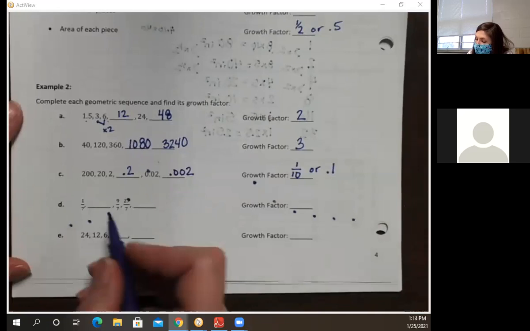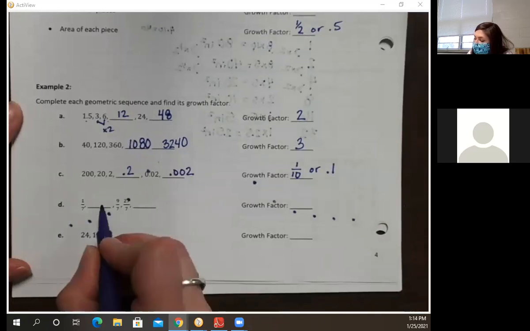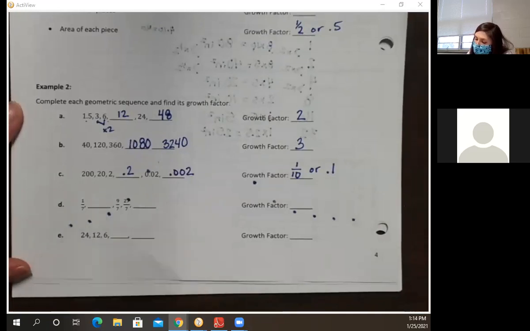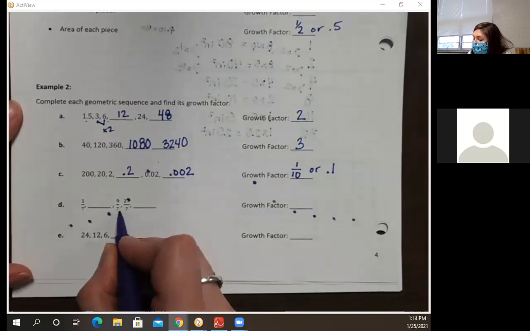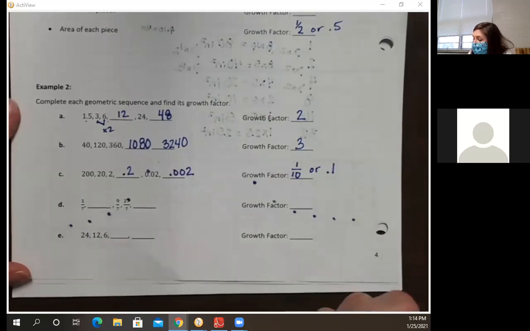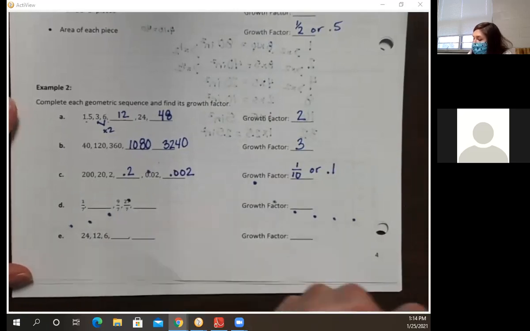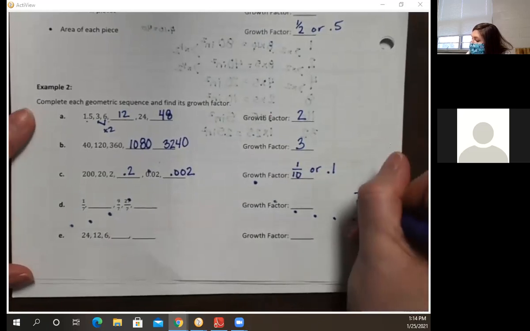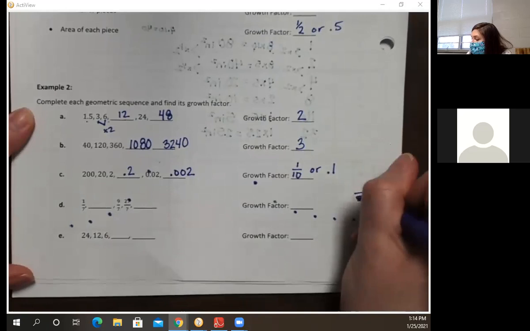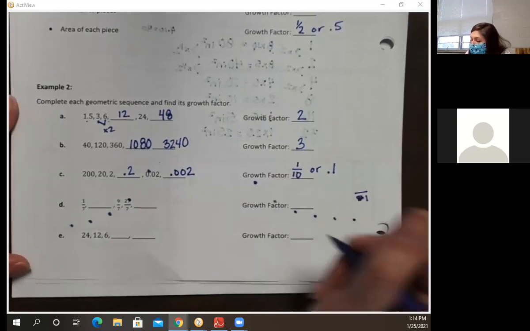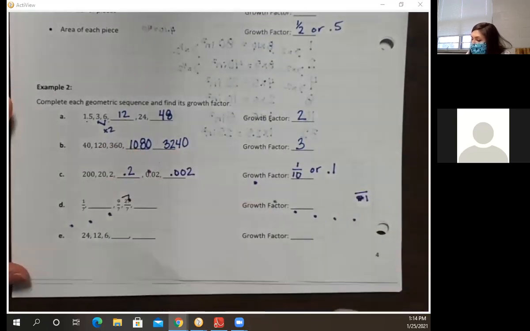For D, I can't use the first two terms because I don't have the second term yet. So if I look at just any two adjacent terms, two terms next to each other, I see that the bottom is staying the same. So whatever my growth factor is, I'm not multiplying by a fraction in the sense that I've got a new number here. This number on the bottom is going to have to be 1. So I want to figure out what am I multiplying by on top.